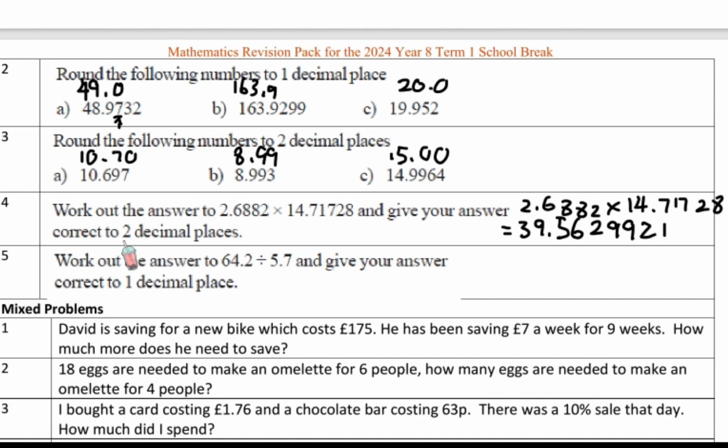And since it's asking for two decimal places, we can just write the answer as 39.56.